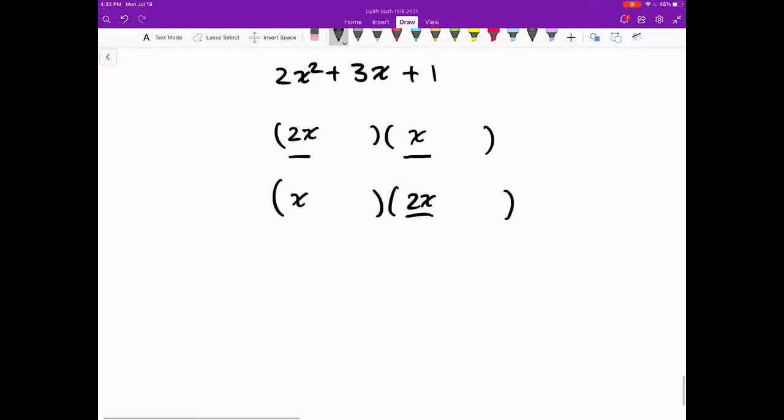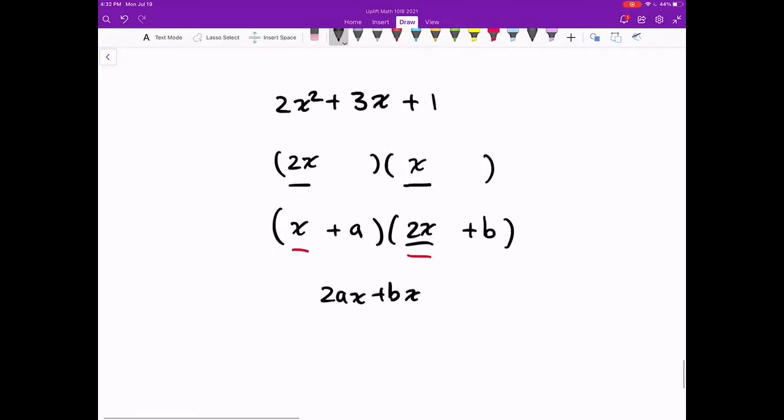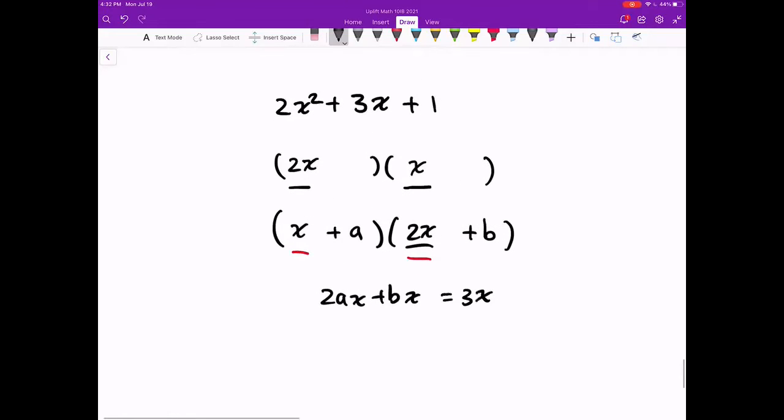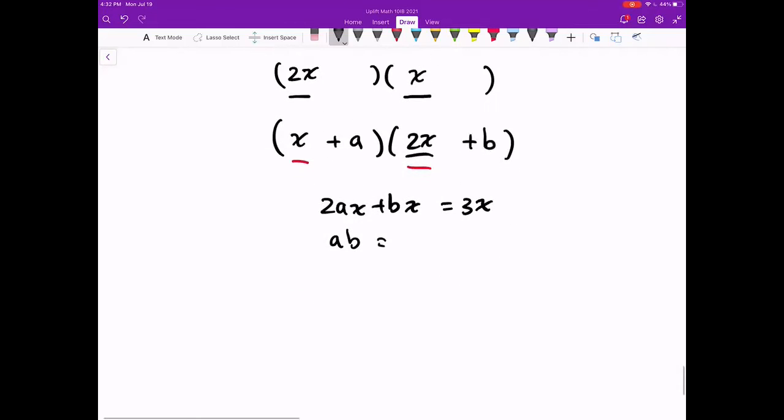So the first thing we see is that these two terms must multiply to 2x squared, and then we will name the constant of each factor a and b. When we use the FOIL method, we see that 2ax plus bx is equal to our middle term, and a times b is equal to our last term, so 1.